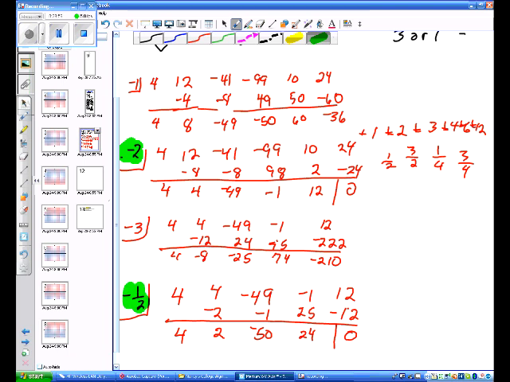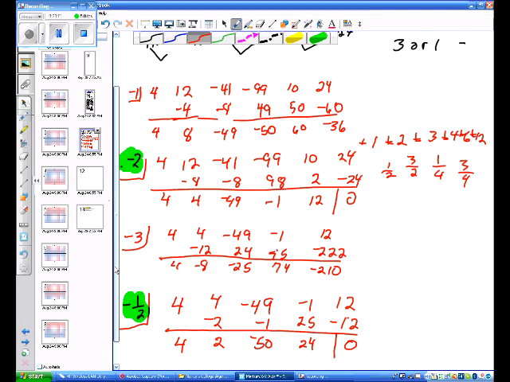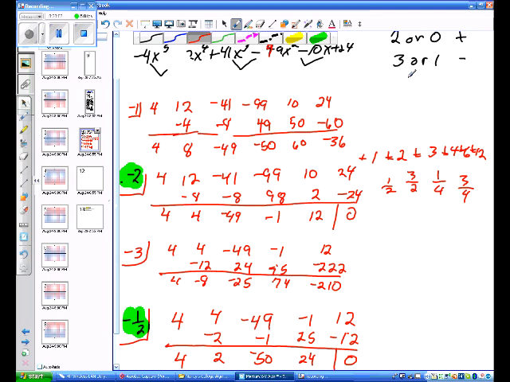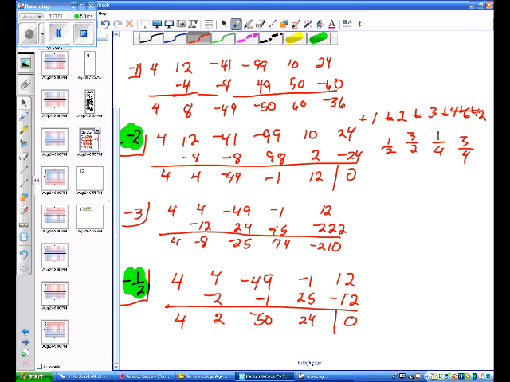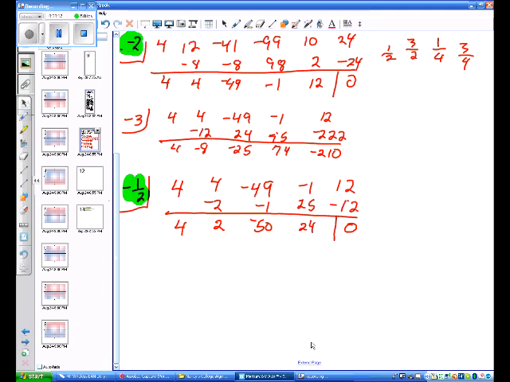Now, since we found a second negative solution, that means there is a third one, because it was 3 or 1. We did find a second one, so that lets us know there's a third one. So we now have a reduced equation, and we're going to take that and try to find another solution of it.